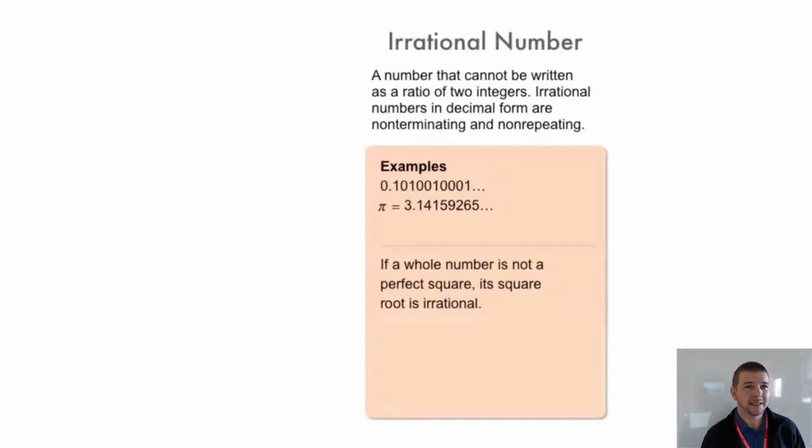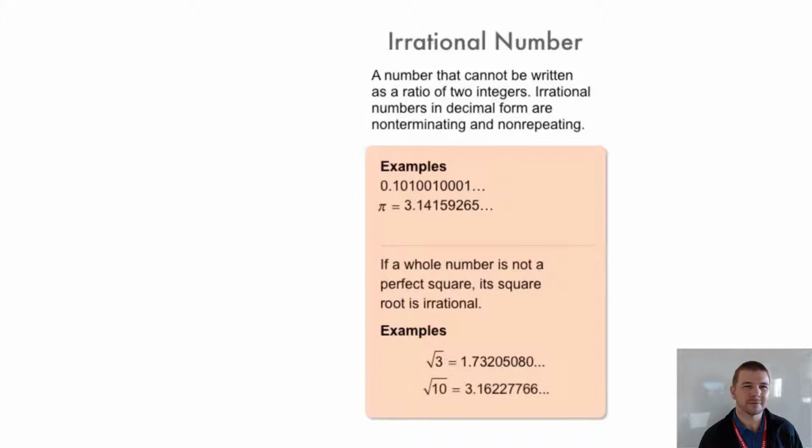If a whole number is not a perfect square, its square root is irrational. An example: the square root of 3. Note that 3 is not a perfect square, and its square root, approximately equal to 1.732058080, is irrational.